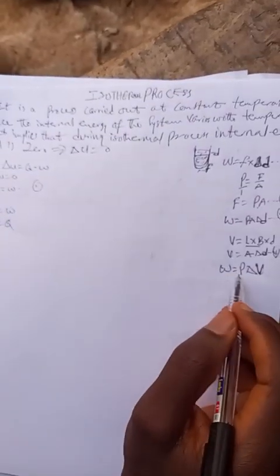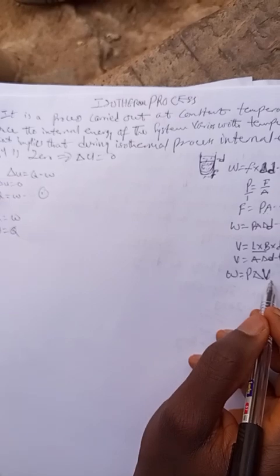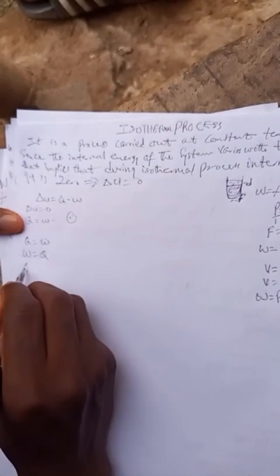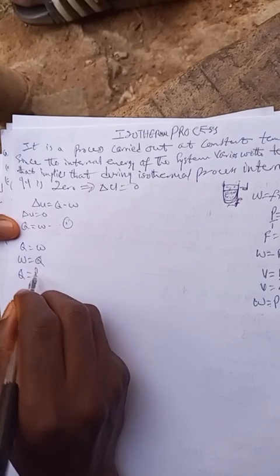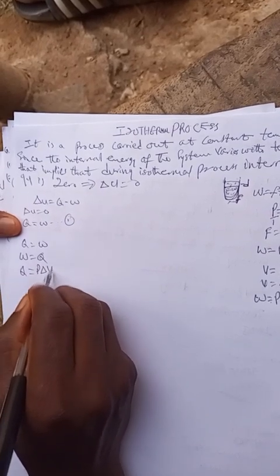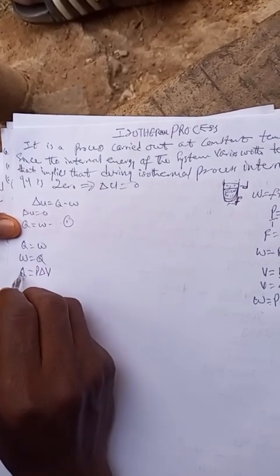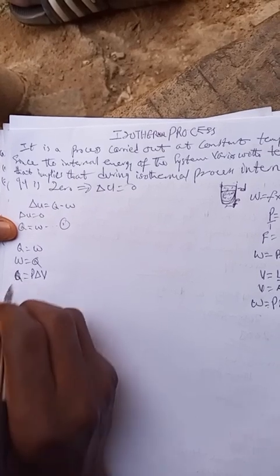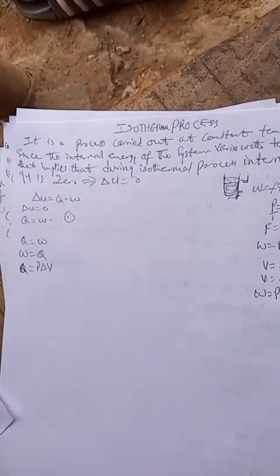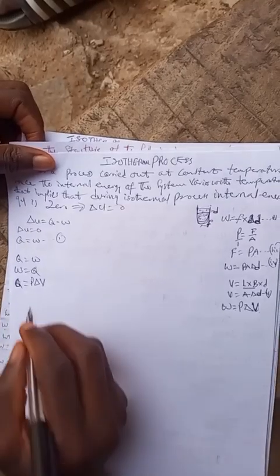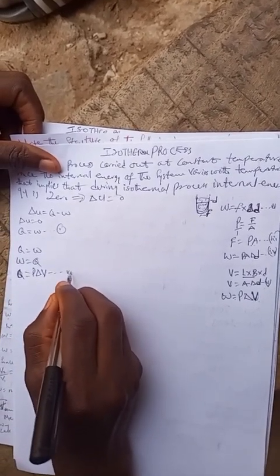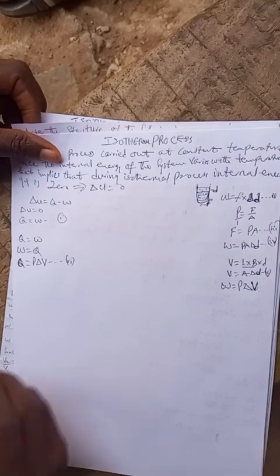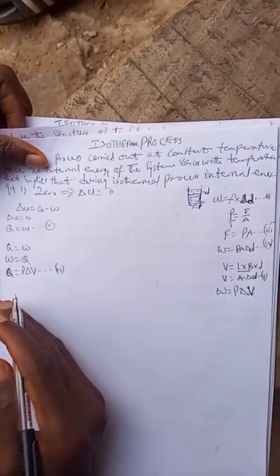So far we have W to be P delta V here, so we can say that Q is equal to P delta V. This is one formula to calculate it in isothermal. We can call this equation 6 as you want. Just make sure that your work is neat from the first to the end.